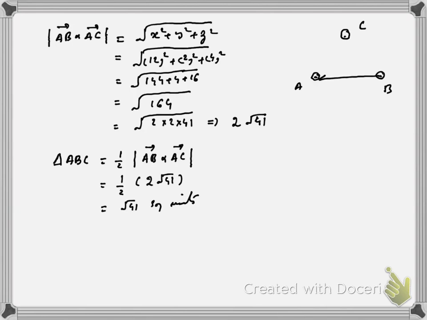Find BA vector, find B to C vector. B to A vector and B to C vector form a parallelogram like this.